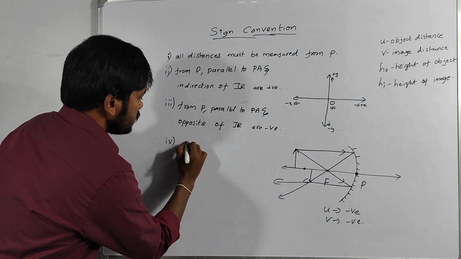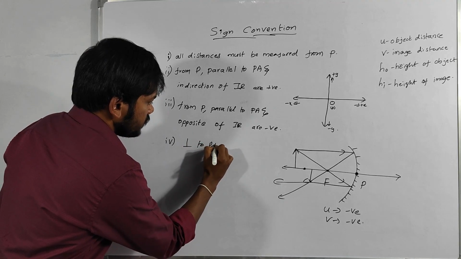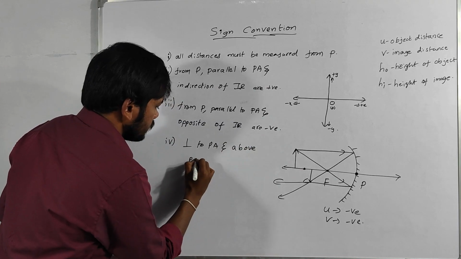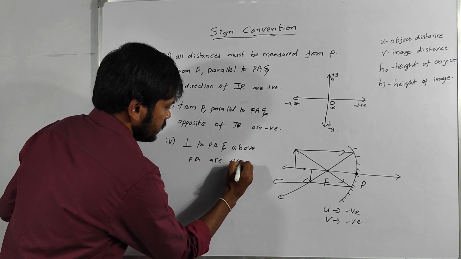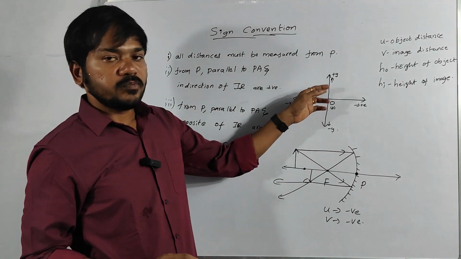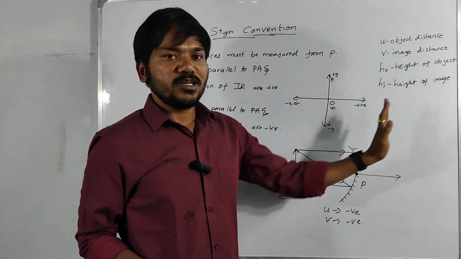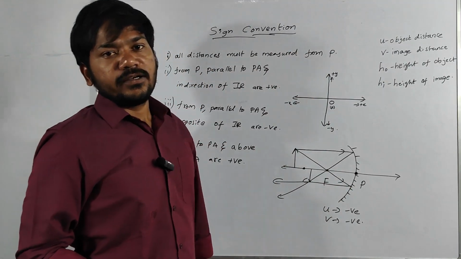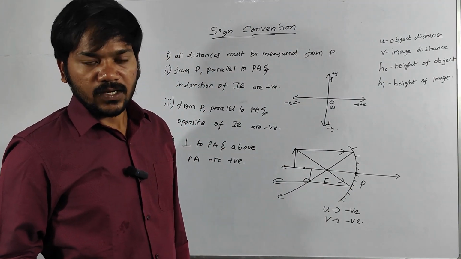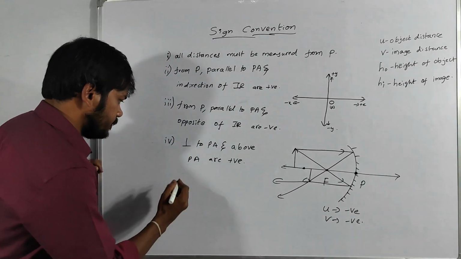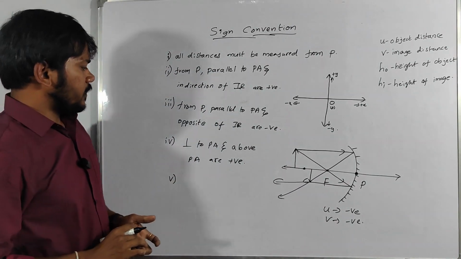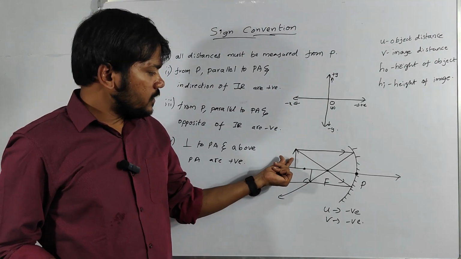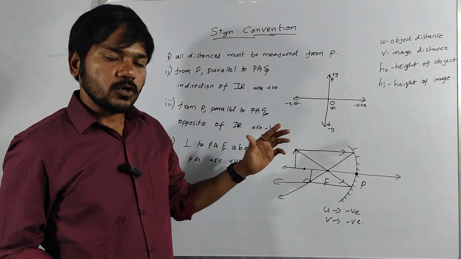Simply to say, along the direction of positive y are positive, along the direction of positive x are positive, along the direction of negative x are negative, along the direction of negative y are negative. Okay, yeah. So obviously here, if you see, this is along positive y, no? So obviously the height of the object here will be positive.